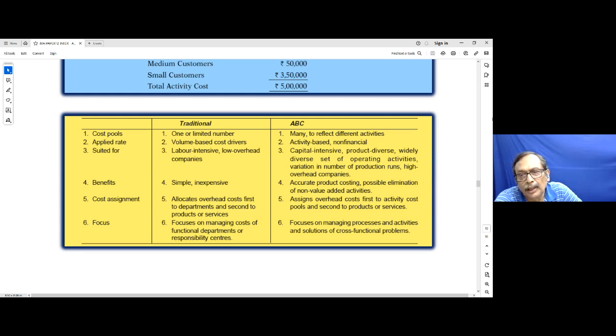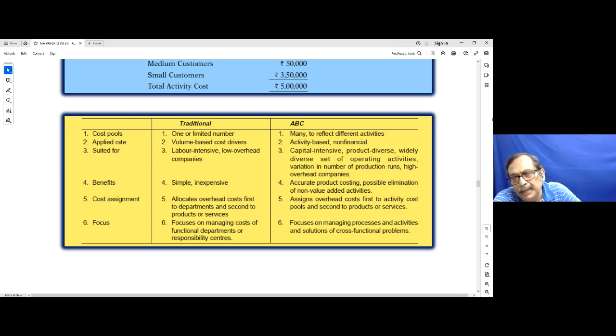And under activity-based costing, activity-based rate, and definitely it is non-financial, not taking into consideration income tax, interest, etc. Suited for labor-intensive, low overhead companies.